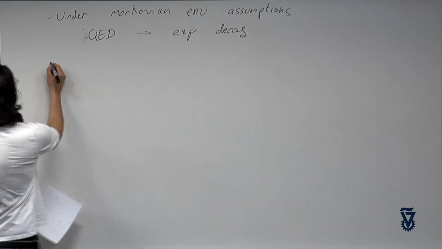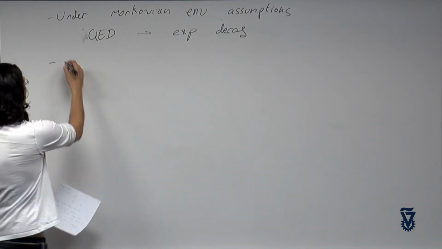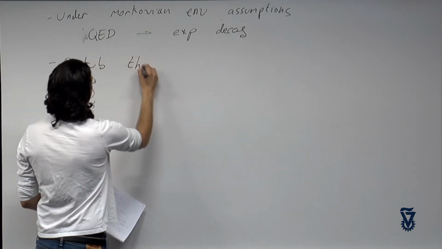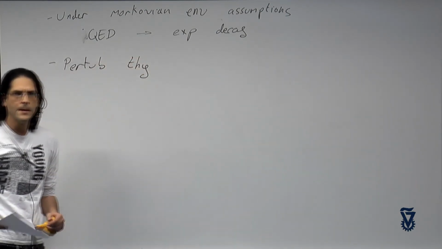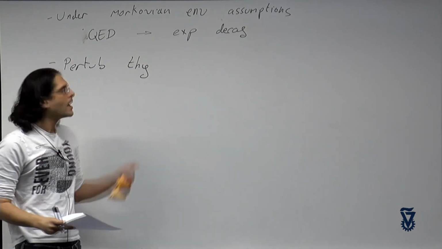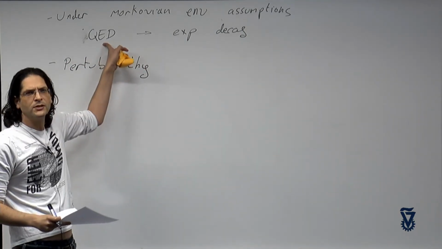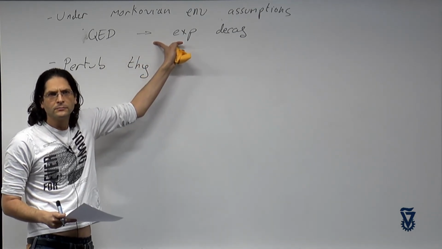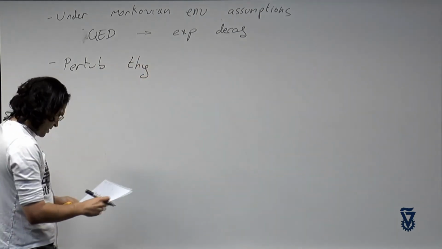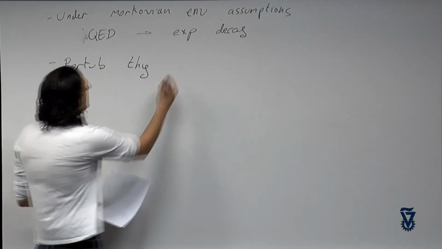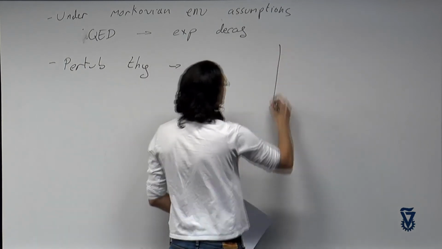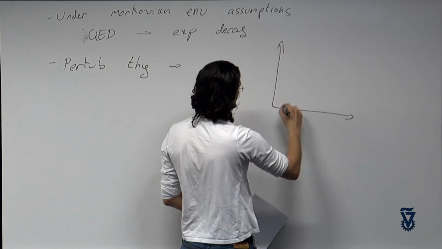But in fact, if you do the calculation through perturbation theory, and don't take some of the assumptions taken in this simple calculation, you will actually see that at short times, so we said that we have an exponential decay. So this is our exponential decay.